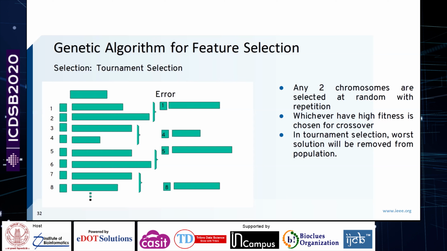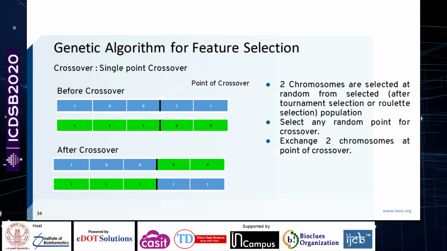Like that, in one set of trials, out of 8 solutions, we select 4 solutions. Again, the same thing is repeated, and we get 4 more solutions. So after tournament selection we will have the same number of solutions. The number of solutions will not increase, but some solutions would have been selected more than once, and some solutions will not be selected.